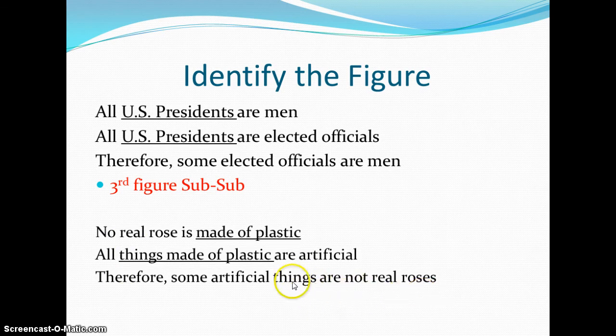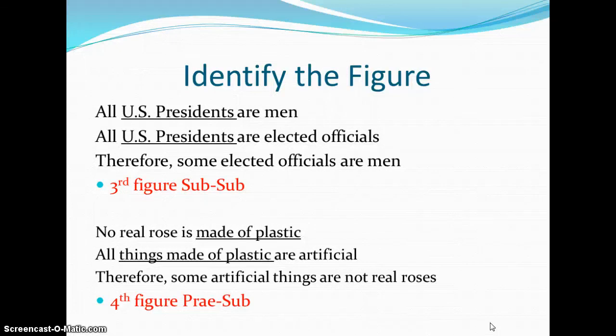We can now look at where the middle term is, made of plastic, things made of plastic. I could have put things here too, and probably should have, to make it match up exactly. But made of plastic is the predicate of the major premise. It is the subject of the minor premise. Therefore, the figure is prey-sub, fourth figure.